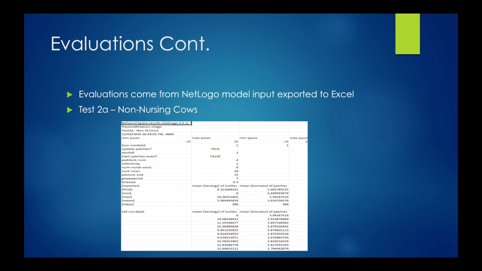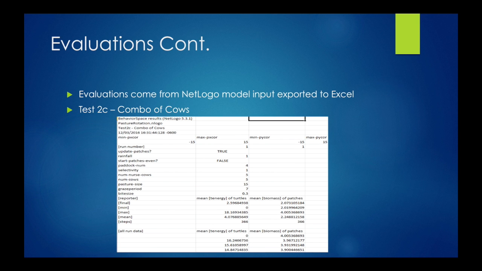Our test 2A, again, this comes from NetLogo, exported to Excel, was looking at a test of non-nursing cows and how that would impact a rancher's grass availability based on rainfall, so on and so forth.